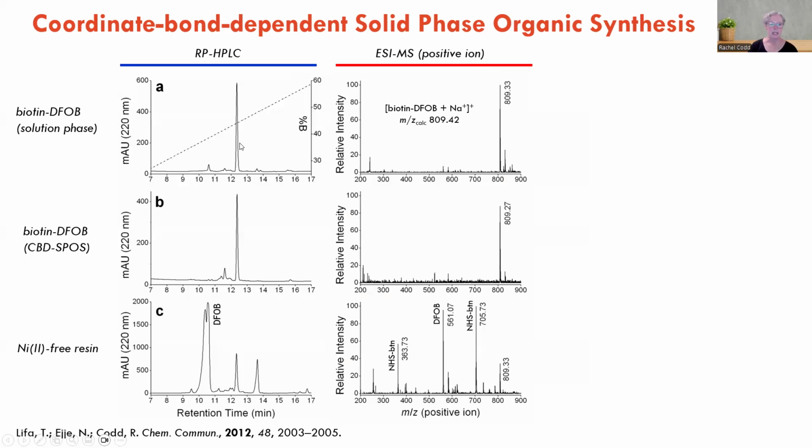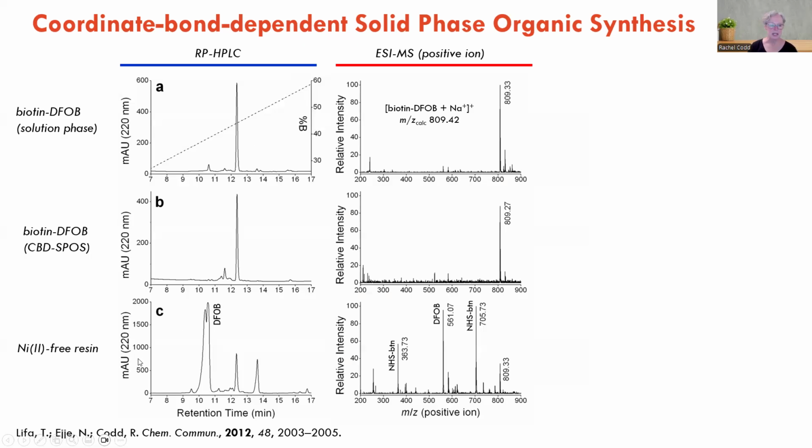And we can see the solution phase we would expect, which has been purified, so a reasonably pure system that characterises as the sodiated adduct of biotin DFOB. In terms of the product that we produced using coordinate bond-dependent solid phase organic synthesis, this was very successful in producing a very clean signal that mapped to what is essentially a standard, and we obtained the same value for the sodiated adduct.